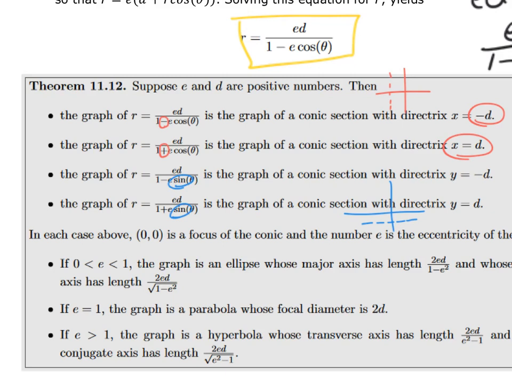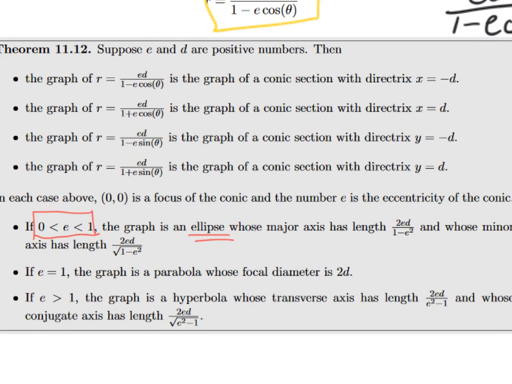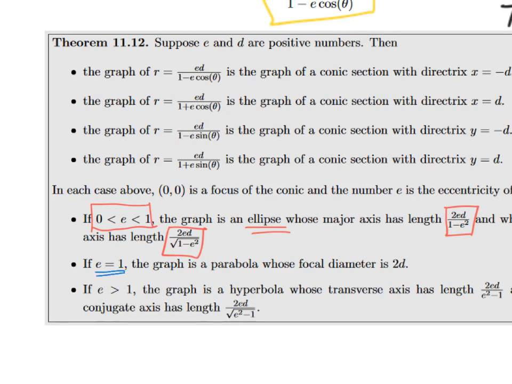So keeping that in mind, we're now going to look at a little bit more information in terms of the eccentricity. If I have an eccentricity that is between 0 and 1, then I have an ellipse. Not only do I have an ellipse, I can tell you the length of the major axis, and I can tell you the length of the minor axis. If my eccentricity is equal to 1, then I have a parabola, and the focal diameter is 2d.